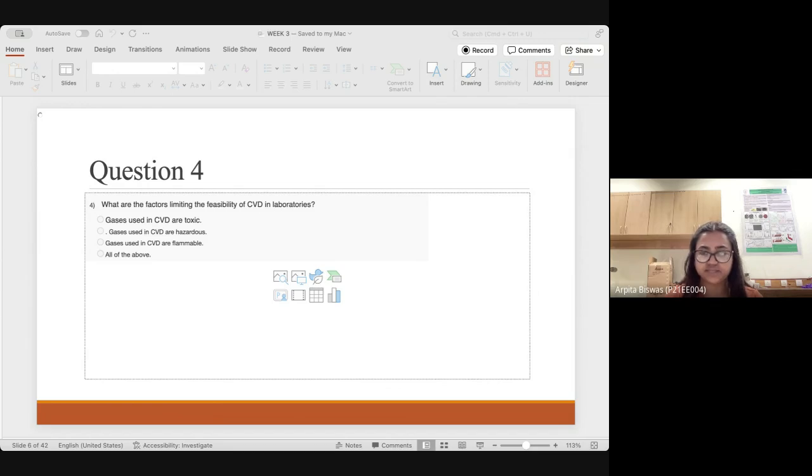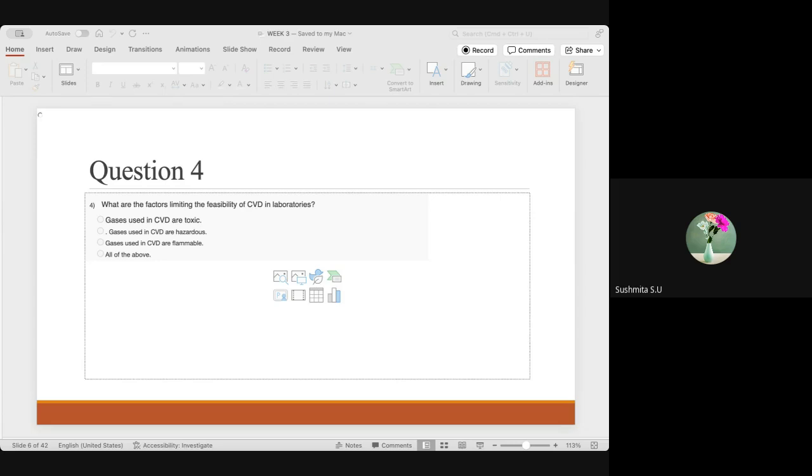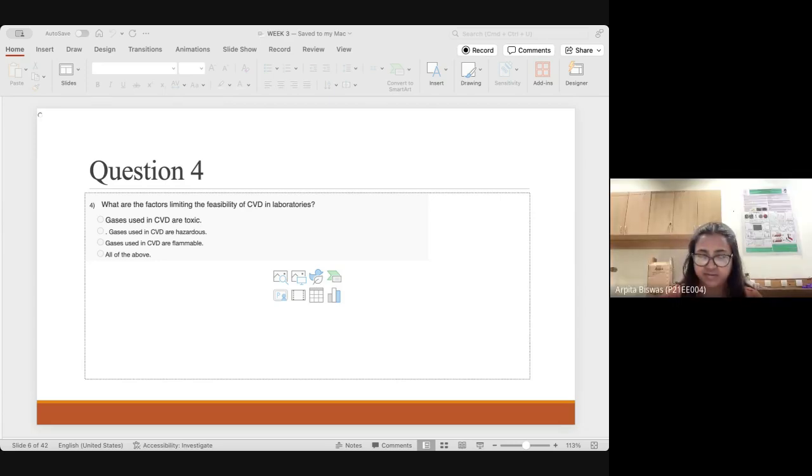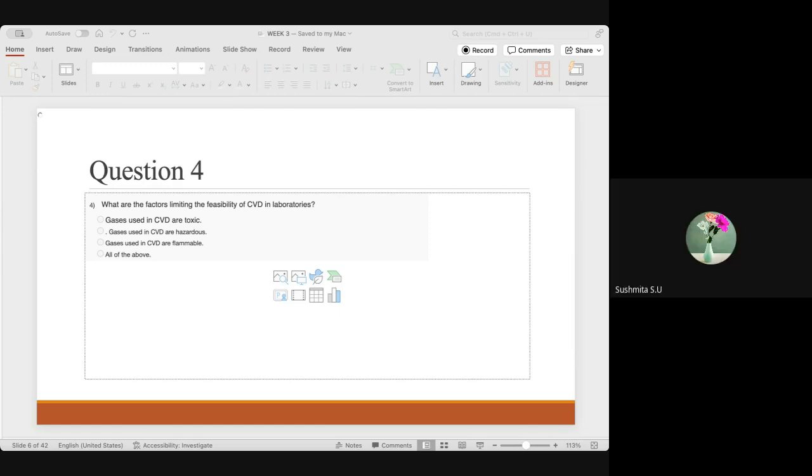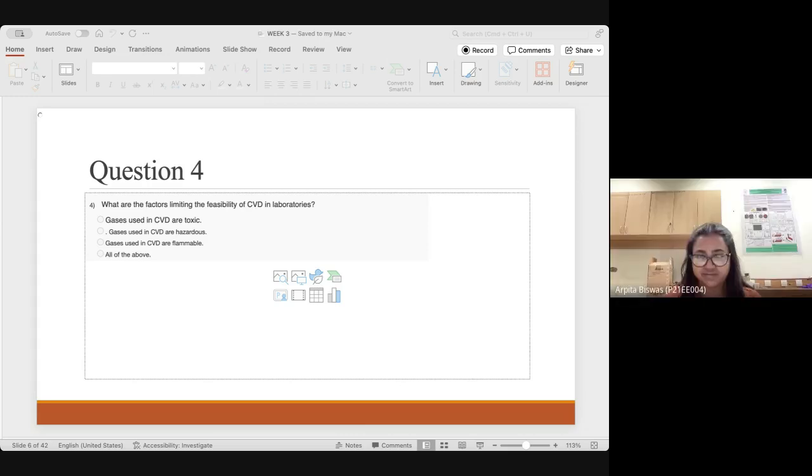Sushmita. Ma'am, chemicals are used to spread on the substrate. But are only chemicals spreading on the substrate, or does some reaction happen, or is some temperature required for this process? Yes, ma'am, I think it happens stepwise. Yes, there were some steps.